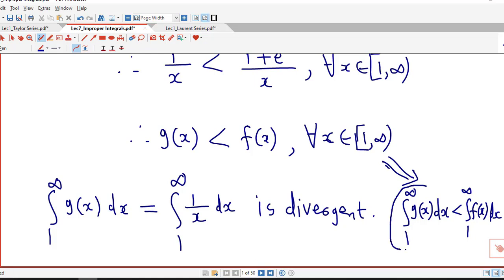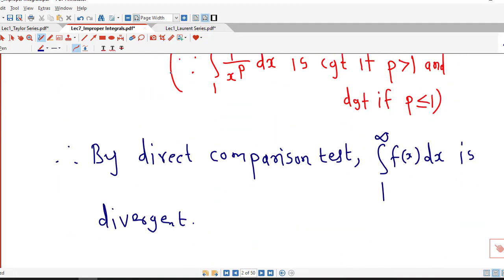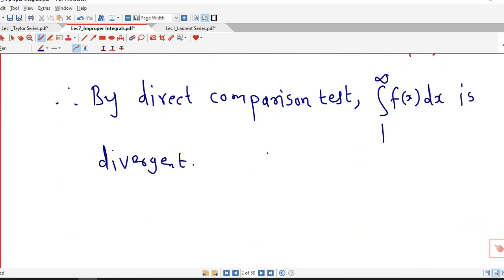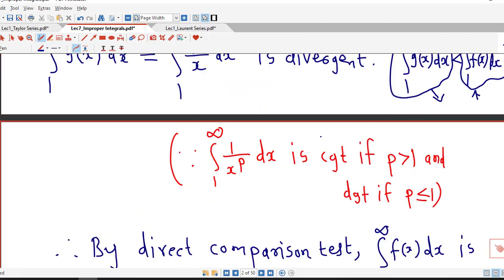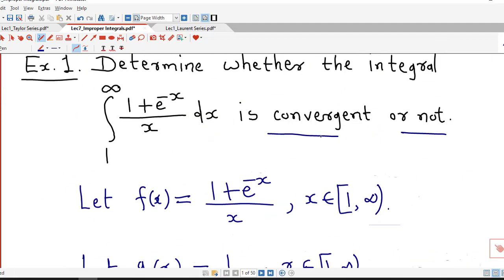Now this integral is divergent, so its value is infinite, therefore if this integral is bigger than an infinite value then it is also infinite. In this way we can decide the convergence of the given integral using the direct comparison test.